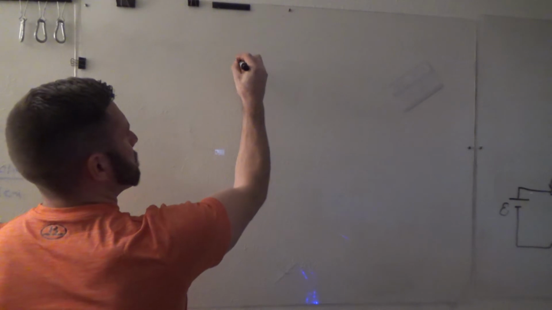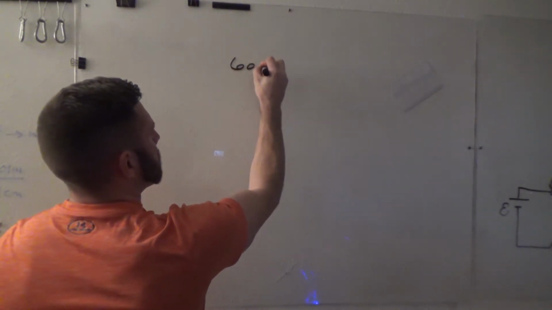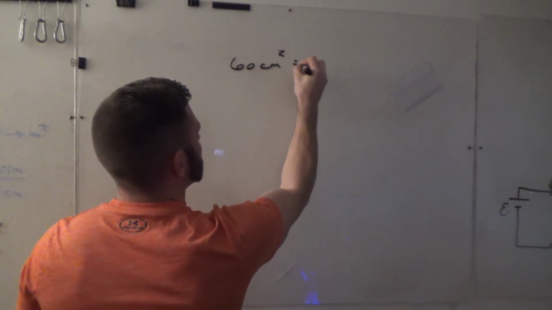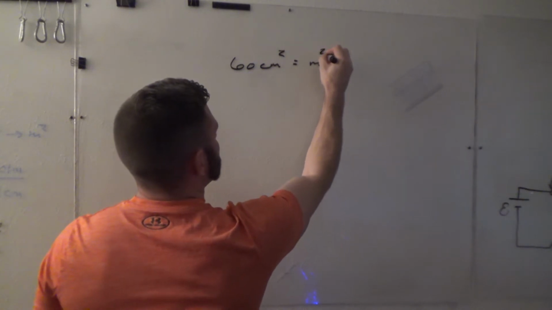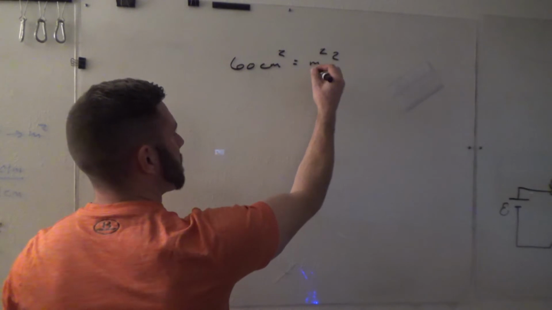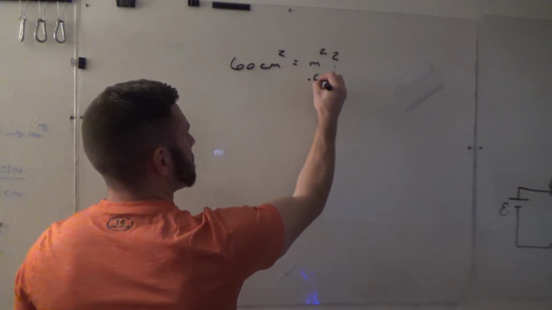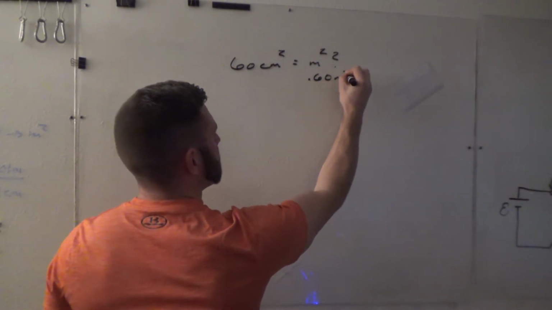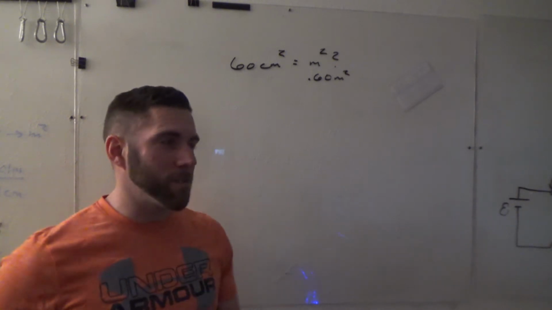So what they had on one of their measurements was 60 centimeters squared equals how many meters squared? Well, what they ended up doing was saying that this was 0.60 meters squared. That ain't correct.